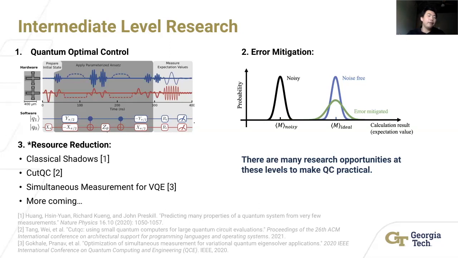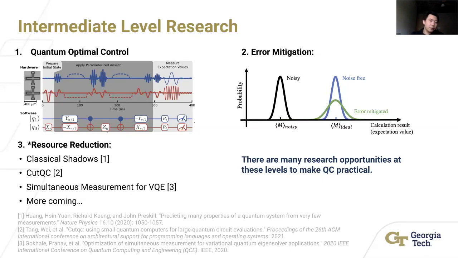Something we didn't cover last week was a different area. I think we can mainly divide this level into three research topics. The first is optimal control, how you compile the pulse, transpile to the pulse. The second is error mitigation, how you deal with noise. The third is resource reduction, which was not mentioned last week.